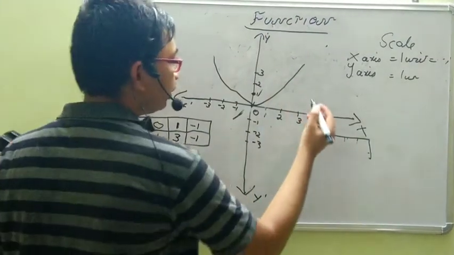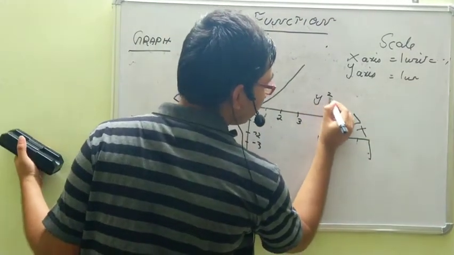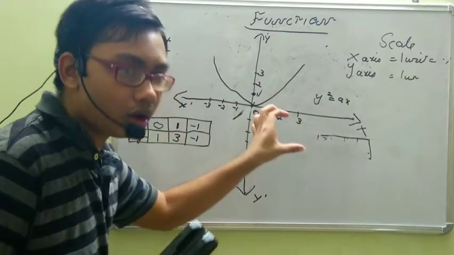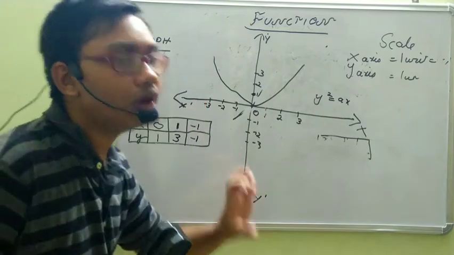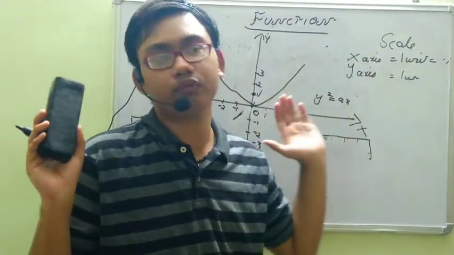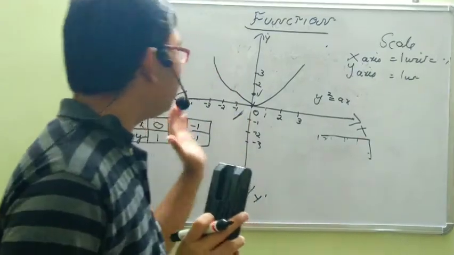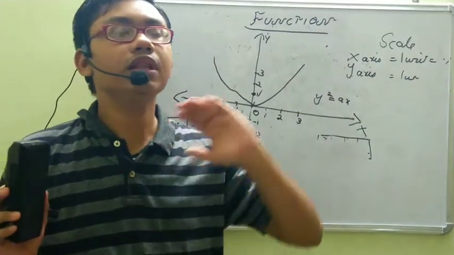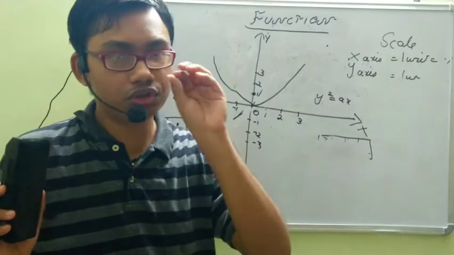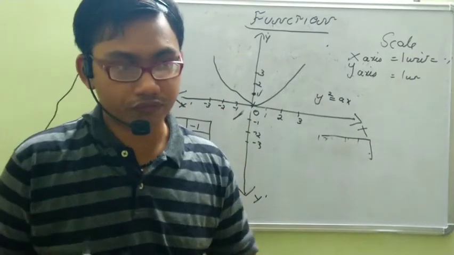Here you see, y square is equal to some x. It will be like this. y can be positive or negative, because when we are squaring, it will always be positive. From the next session, we will start discussing a few general functions and their graphs.